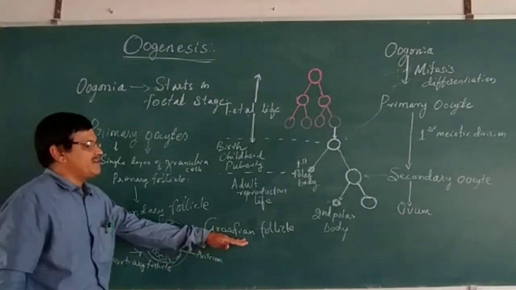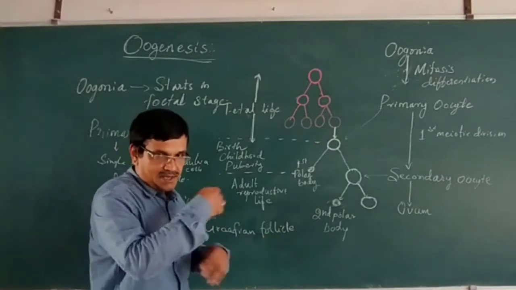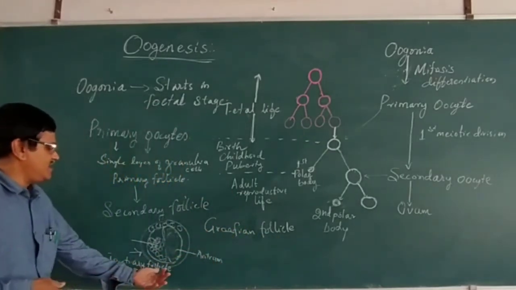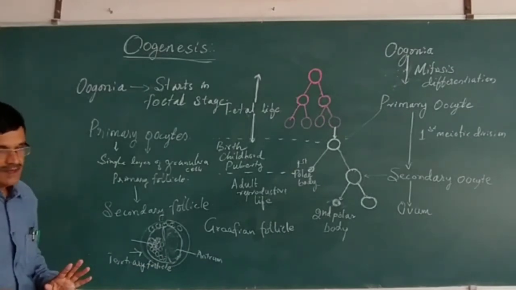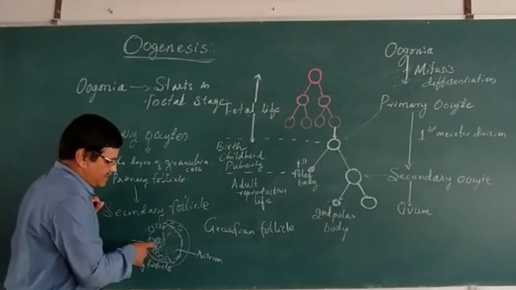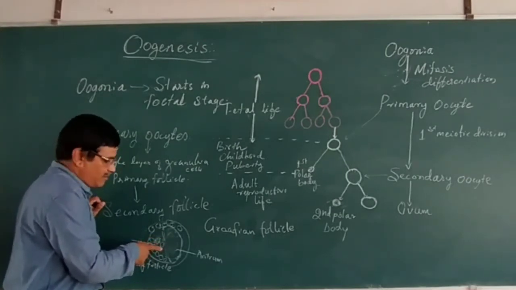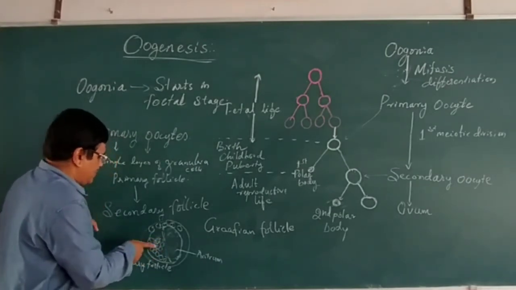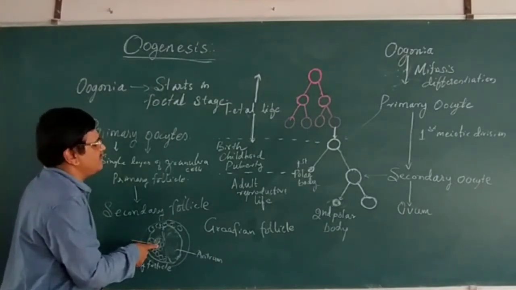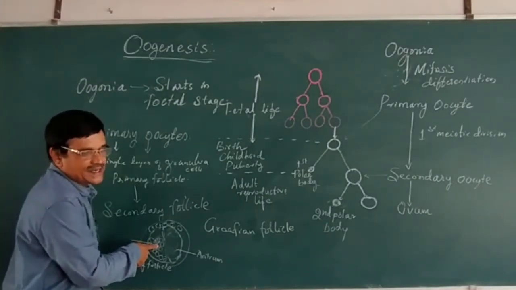During the formation of the Graafian follicle, some other changes occur in the tertiary follicle. Mainly, another layer of cells will be formed around the oocyte of the secondary follicle.